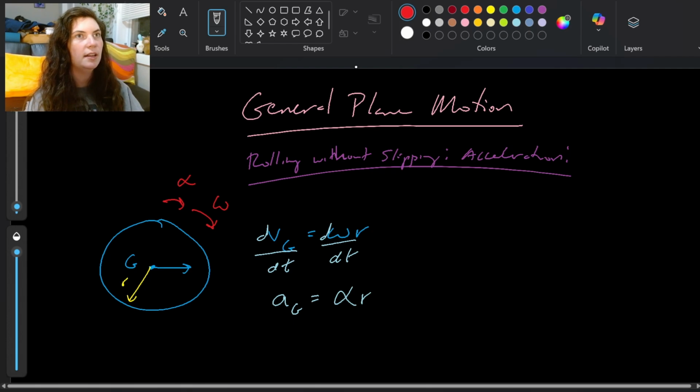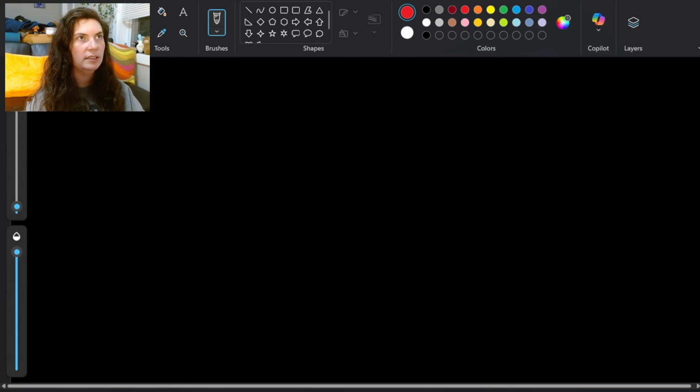So let's do a mini example to take a look at this. Let's say you have some disk here, or some gear running along a track, something like that.